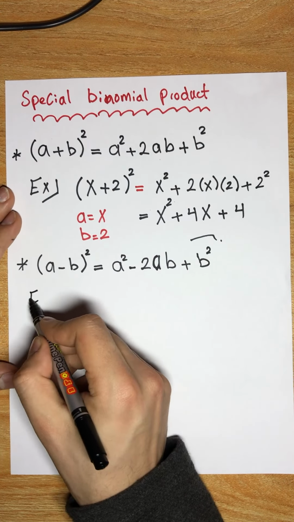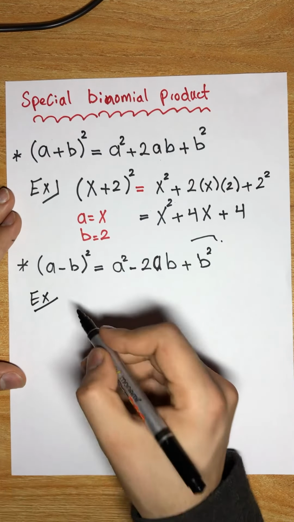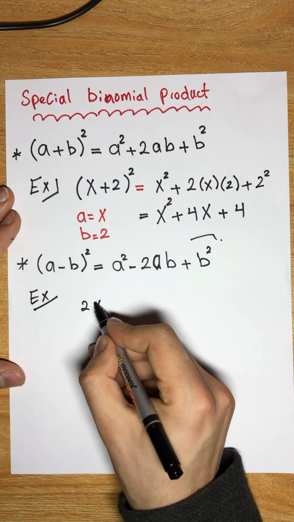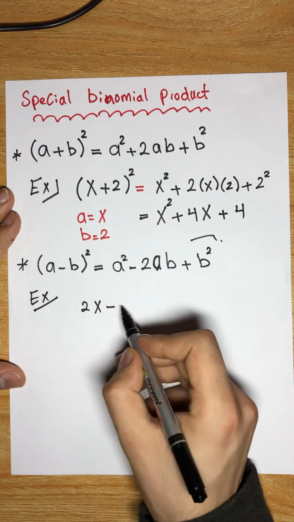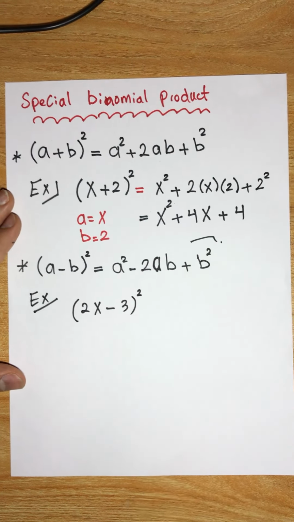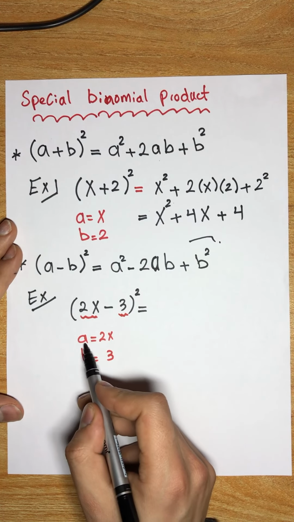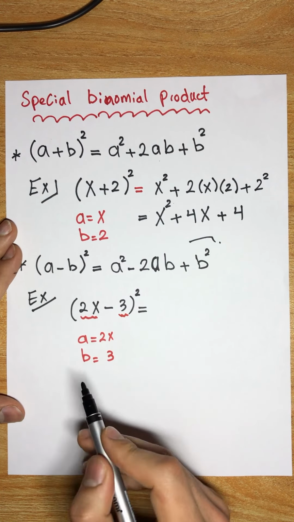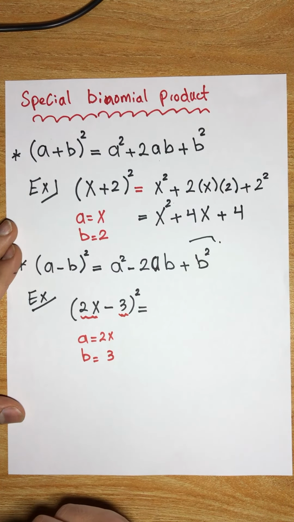Let's do an exercise about this. So let's say that we have 2x minus 3 squared. Okay, now a is equal to 2x and b is equal to 3.